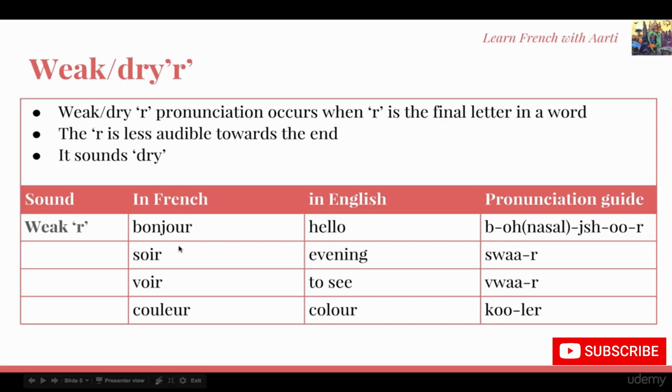Soir, which is evening. Voir, to see. Voir. Couleur, couleur. I hope you could hear the difference between the strong R like rouge and a slightly weak or dry R in soir.